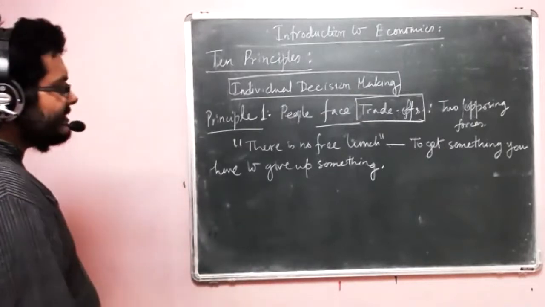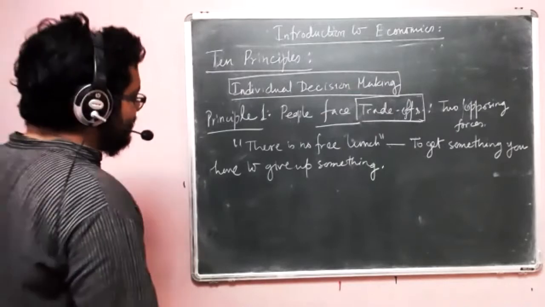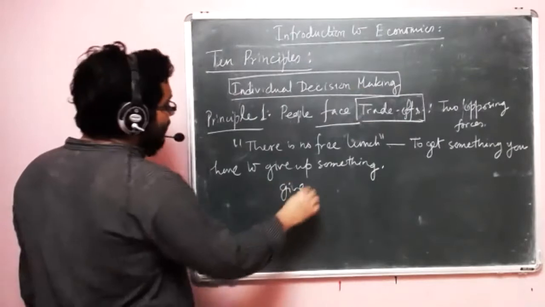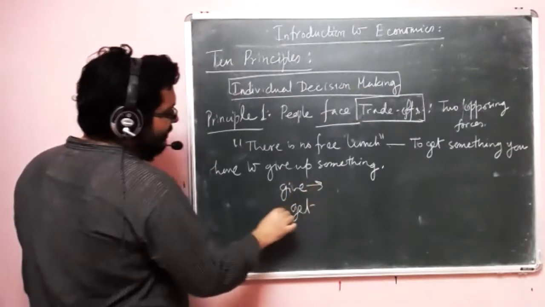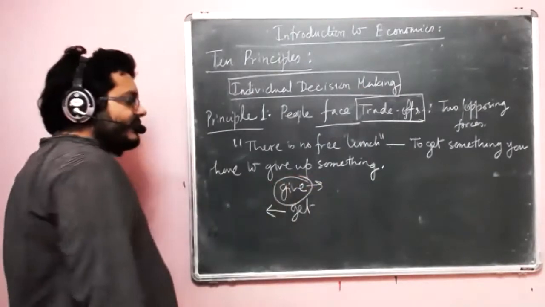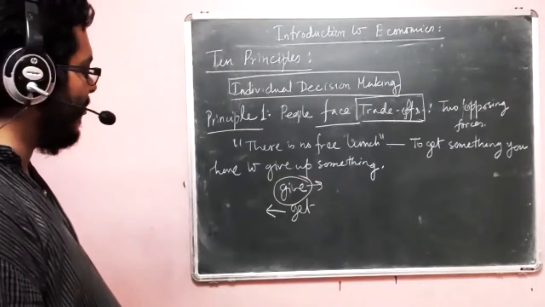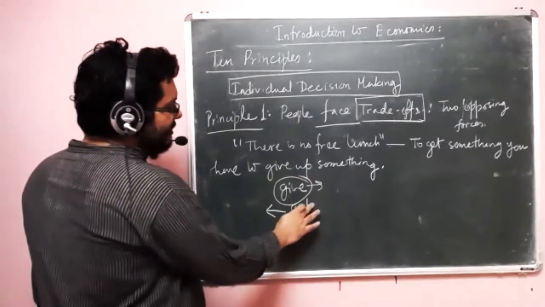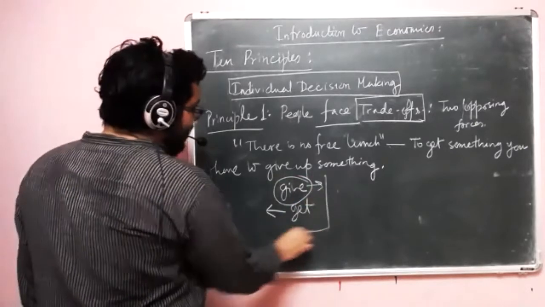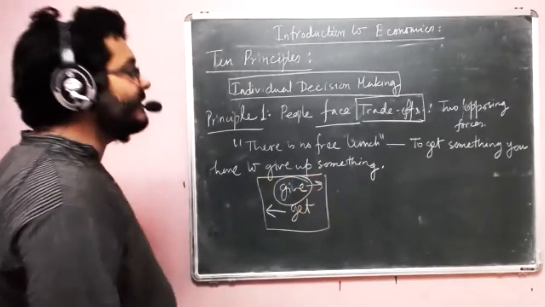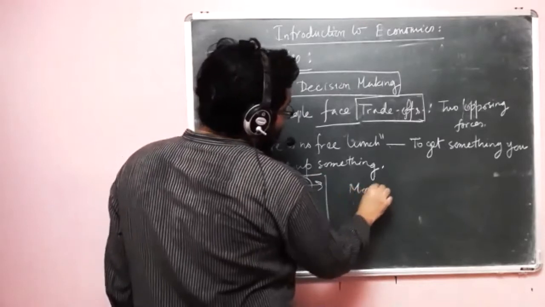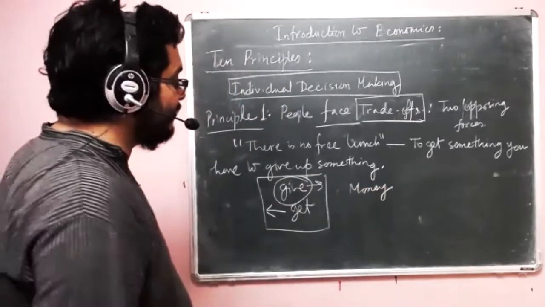Okay. And these are not always in the bad sense, in the sense that only if I give something, I'm going to get something. Now, the general idea is that this giving part is painful or something, but it's not always that. And if we talk about this give and get, the two most important components are, number one, money, and money in the sense of price.